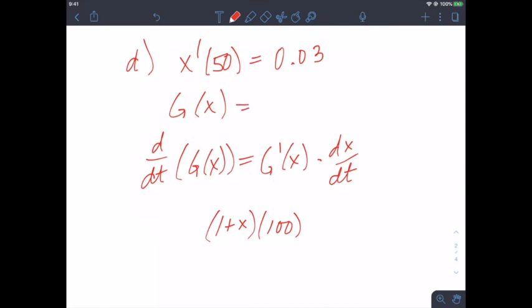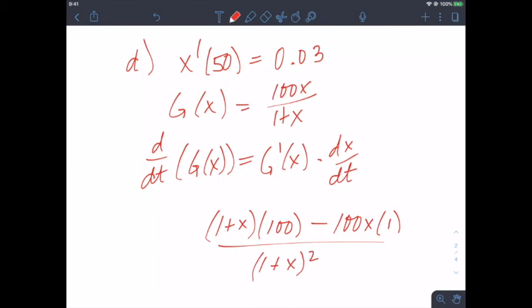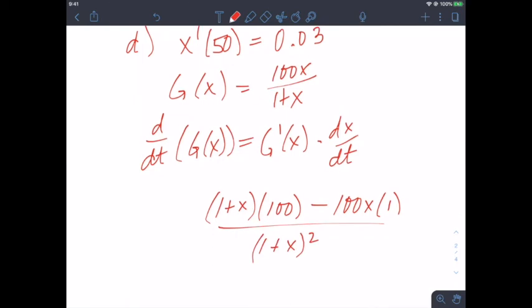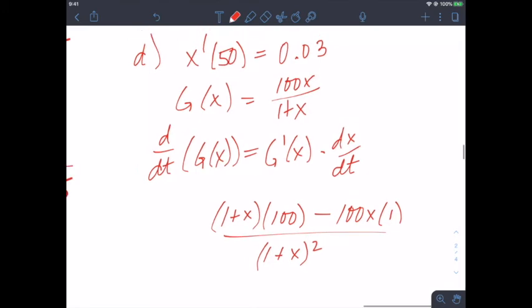So 100x over 1 plus x, minus the high, 100x, times the derivative of the low, which would just be 1, all over 1 plus x squared. Now dx dt is the rate of change at a specific value, so we're not quite ready to put in a value for that, but we will be in a little bit.